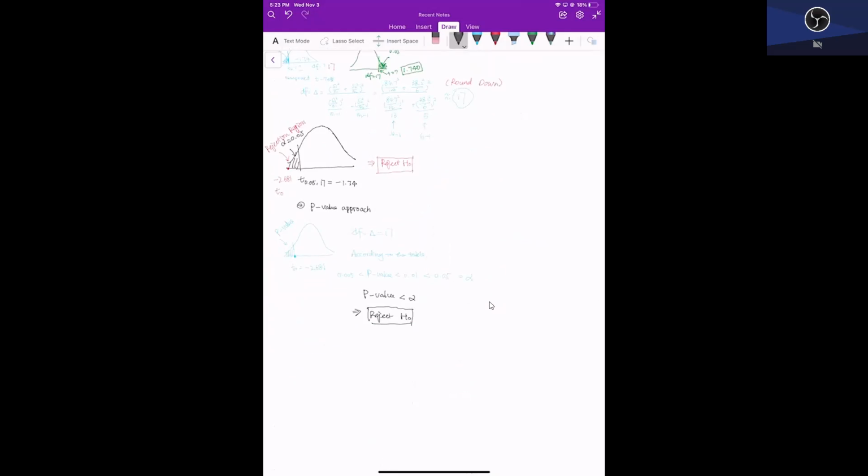Another thing I want to mention is, according to this, we could also figure out the confidence interval, right?